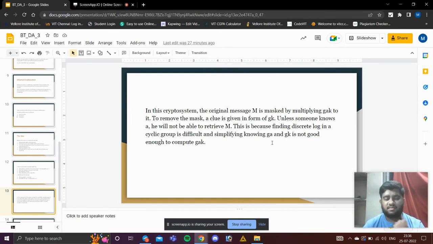So, as we discussed in earlier slides, this is the main advantage of using ElGamal crypto system. As we can see, knowing both the keys also doesn't help you to know the plain text or the original files which are hidden from you.